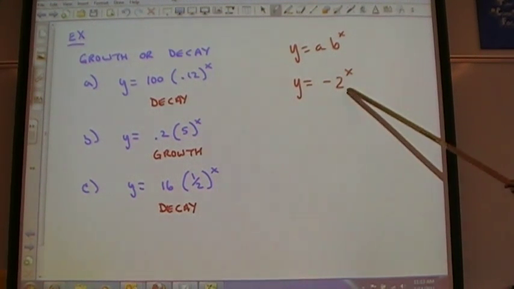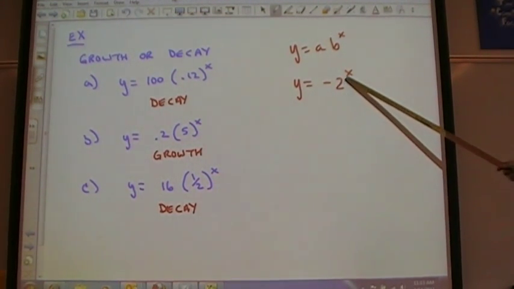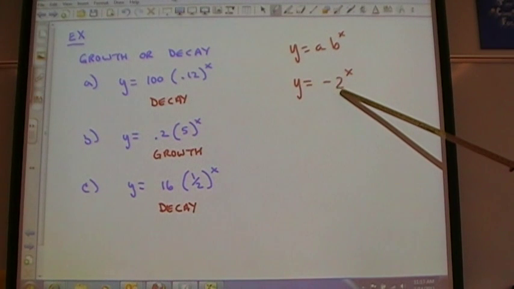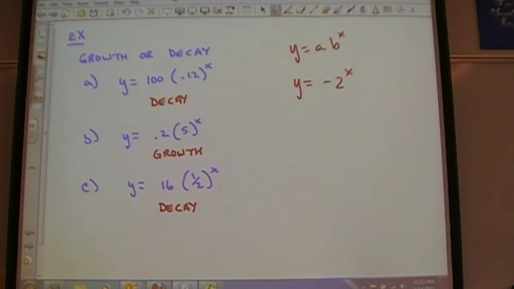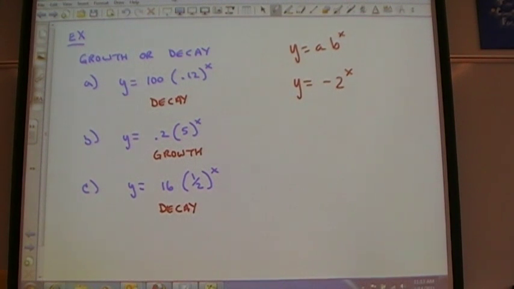This is a growth because your growth factor is positive 2. Your a value is -1, and b would be 2.